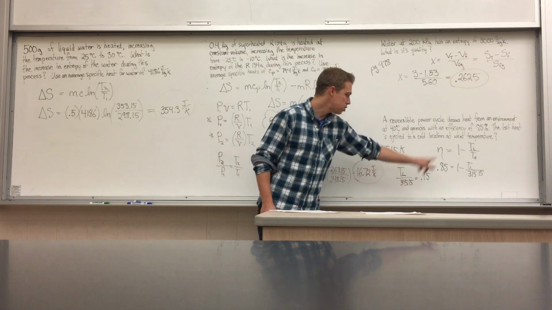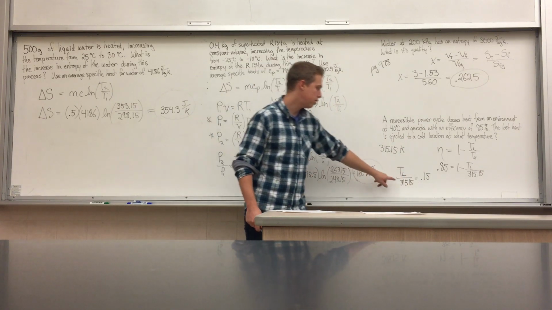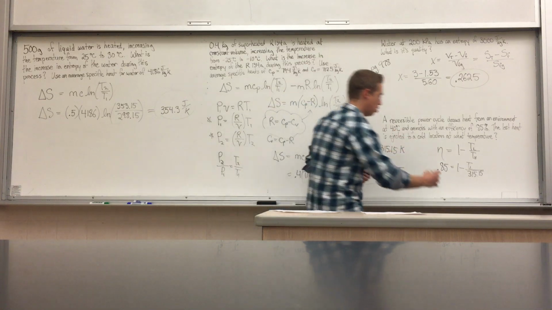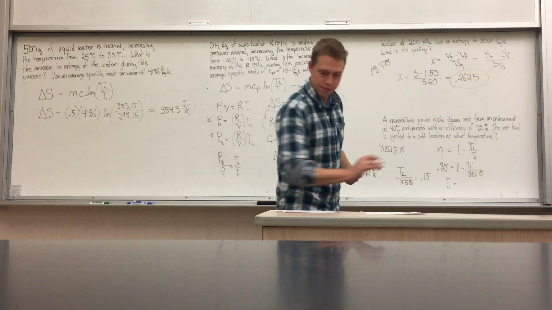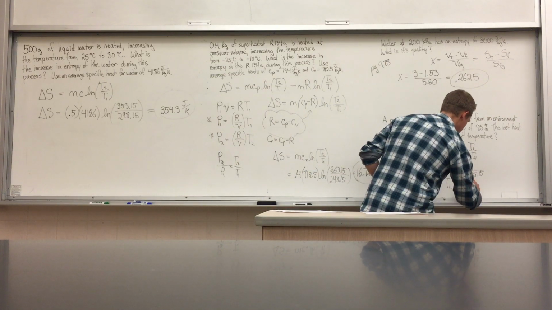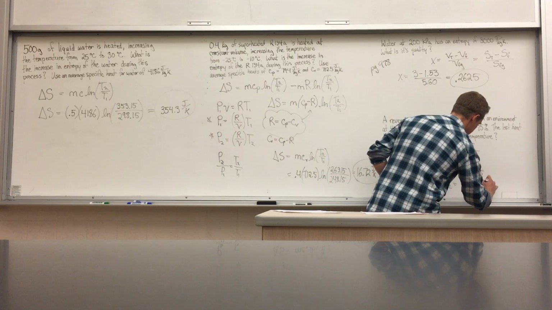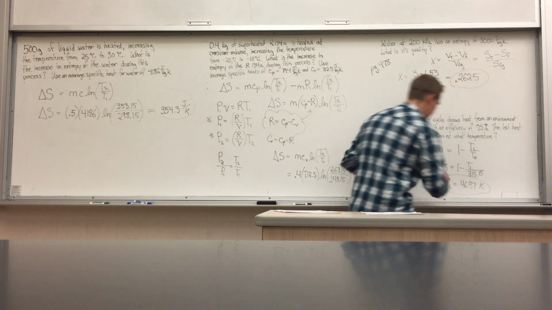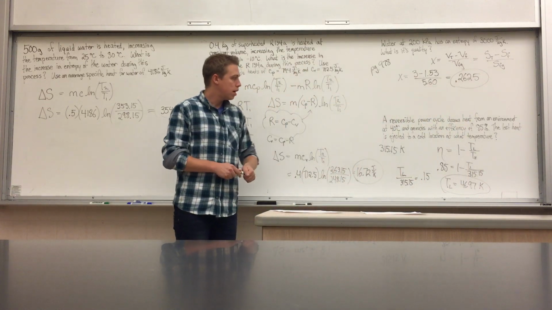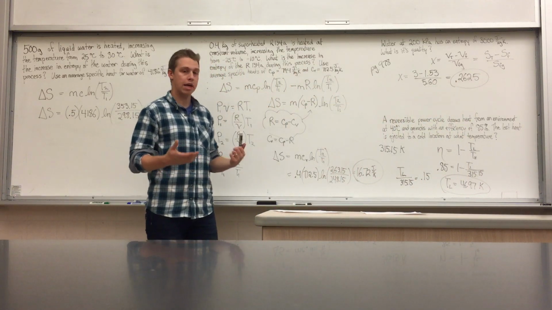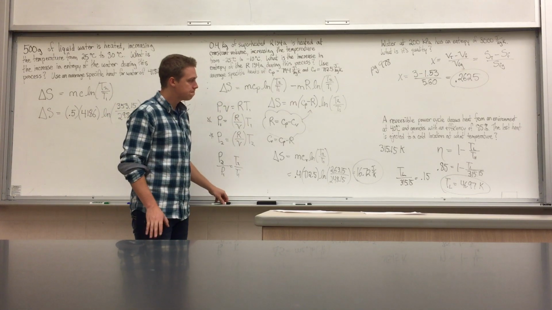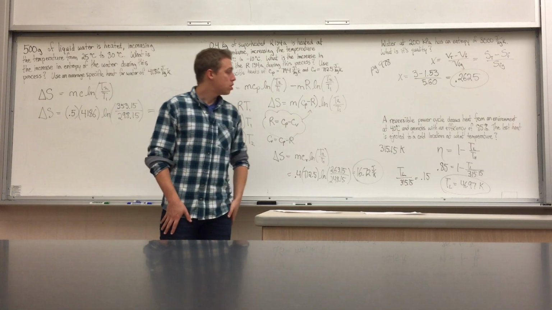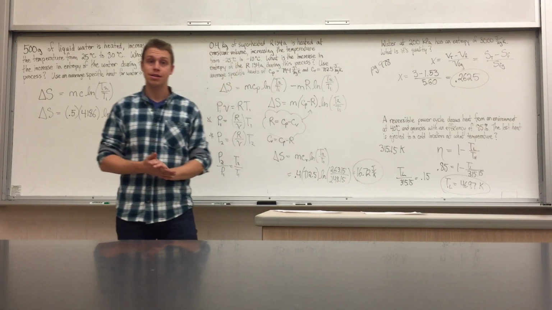And then I'll multiply both sides by 315.15 to get T low by itself. And it comes out to be 46.97 Kelvin, which is absolutely incredibly frigid. I could have done a better job making up imaginary numbers, but it's the correct answer for the problem that I made up. Okay, so good luck on exam 3.